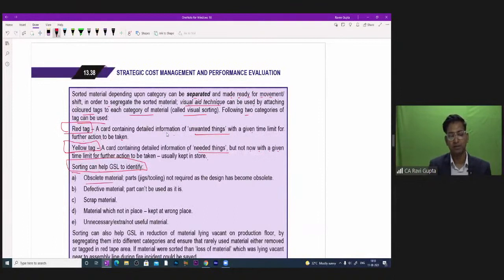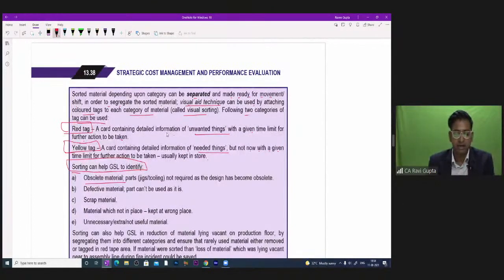Obsolete material: parts that are not required as the design becomes obsolete. Defective materials: parts that can't be used as they are. Scrap material. And material which is not in place, kept at a wrong place. Unnecessary, extra, not useful material.